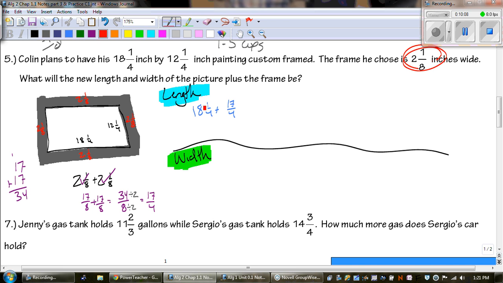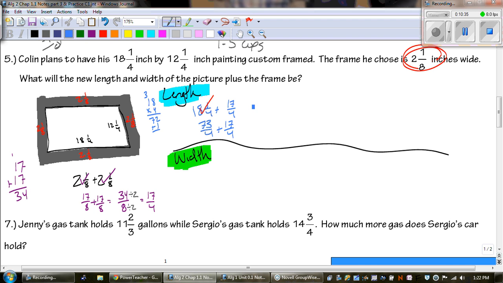Now, before we get started, we're doing check mark. So if you have your multiplication chart, it's going to be easy. It's 18 times 4, or do it the long way. 4 times 8 is 32. We get 72 plus 1, so that's 73 over 4 plus 17 over 4.